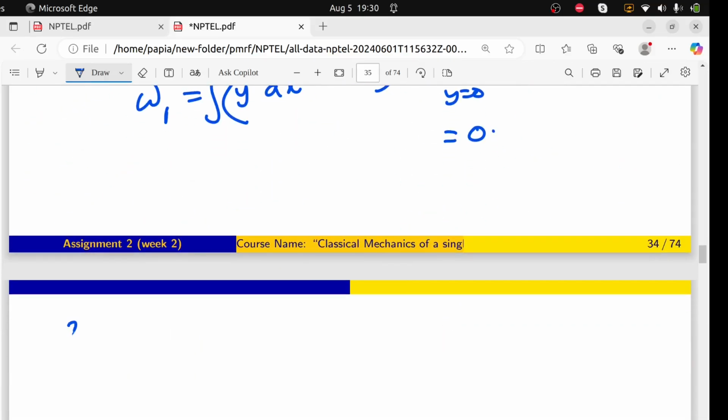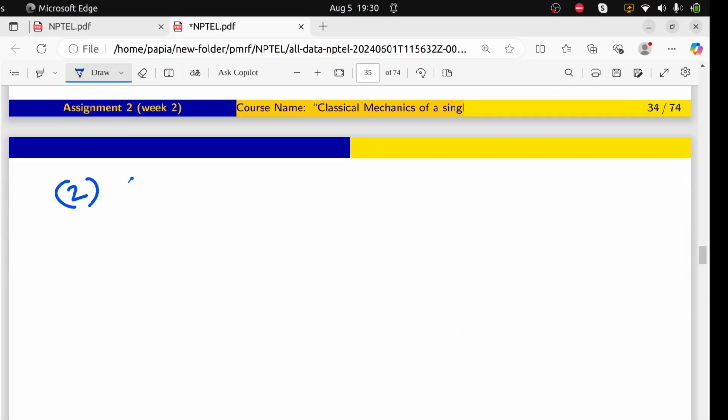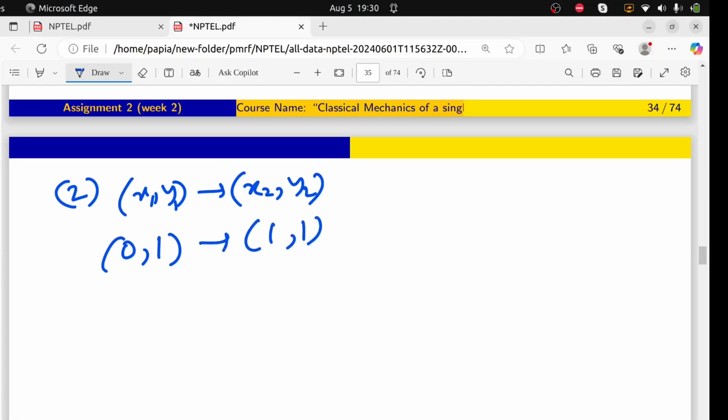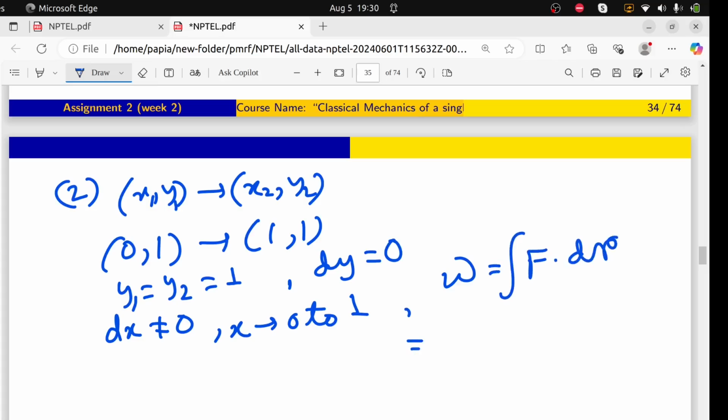Now coming to the second path. For second path, what is the path? 0, 1 to 1, 1. Okay. So x1, y1, x2, y2. So 0, 1 going to 1, 1. Now you can see here y1 equals to y2 equals to 1. So that means dy equals to 0. But dx is not equal to 0 and x is going from 0 to 1. So what is W here? W is F dot dr. Now what is F here?